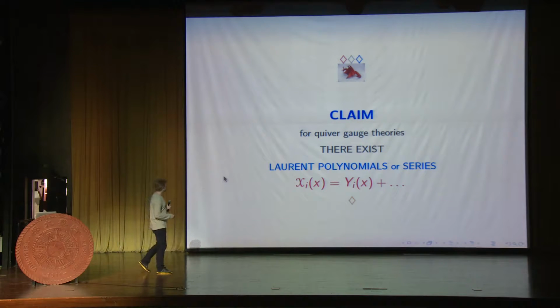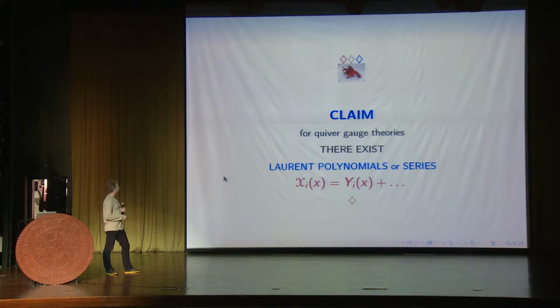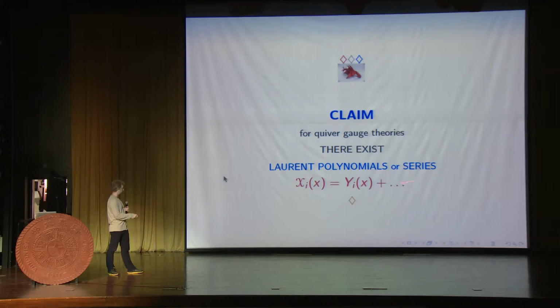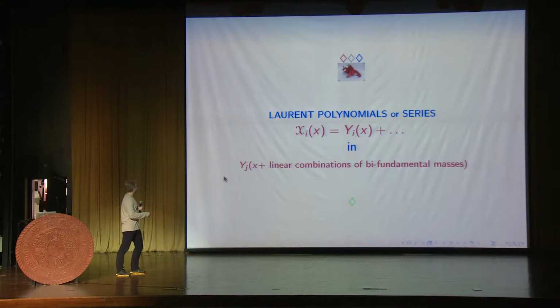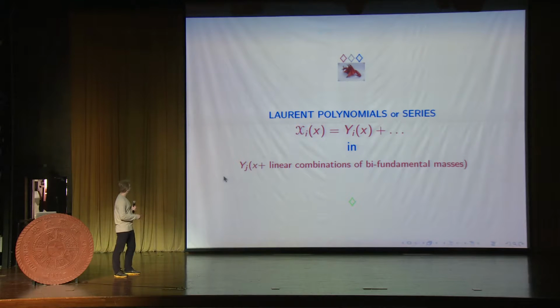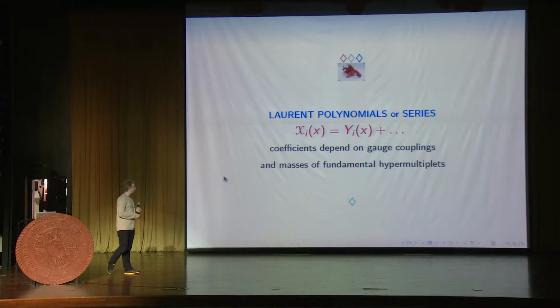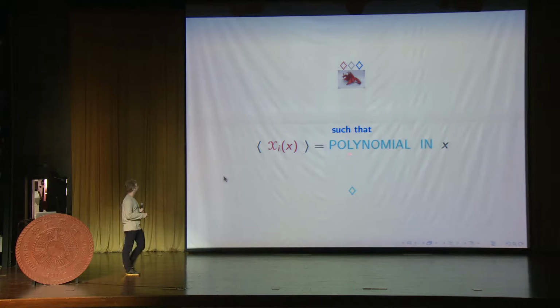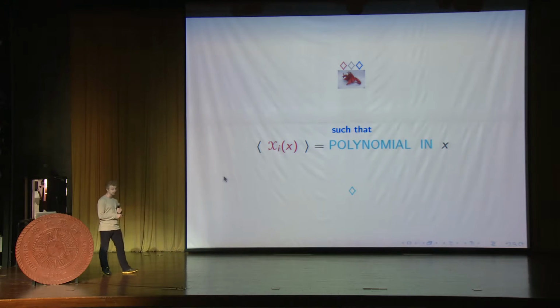And surprisingly, the claim is that at least for quiver gauge theories, there exists a way to correct this observable y by adding extra terms, also given in terms of y, with arguments shifted by linear combinations of masses of fields in the bifundamental representations, and with coefficients which depend on the masses of fundamental hypermultiplets and of gauge couplings, such that the expectation value of this corrected y observable is actually a polynomial in x.